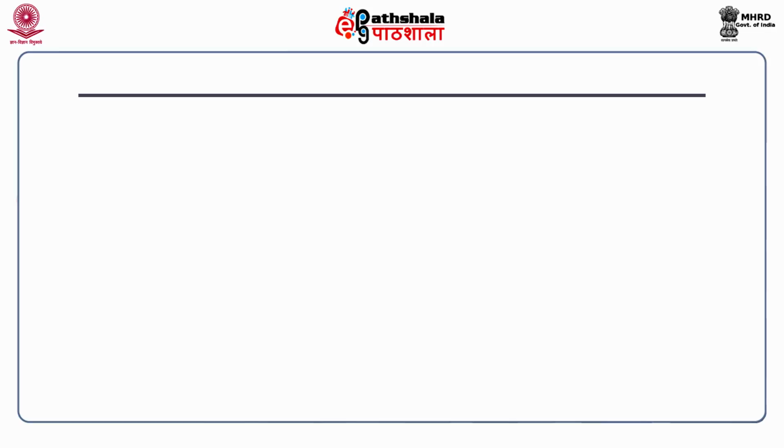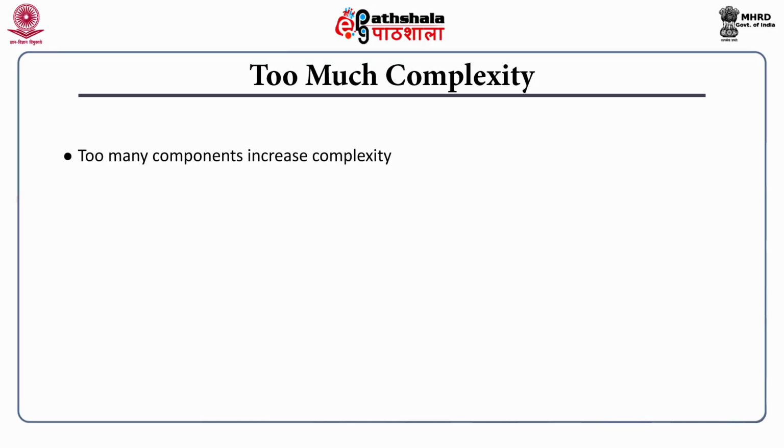Next factor is too much complexity. Every performance management system is constituted of certain components. The list of components include identification of key performance areas, self-appraisal, review discussions, potential appraisal, etc. Presence of focus on too many of such components could make a performance management system too complex to understand and implement.